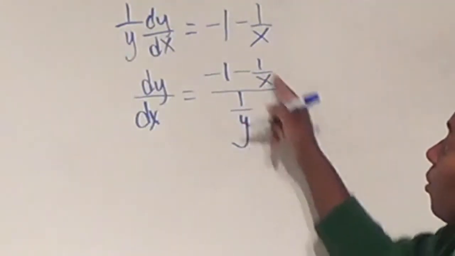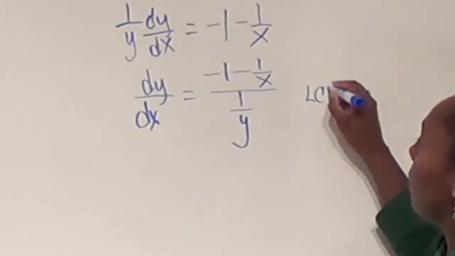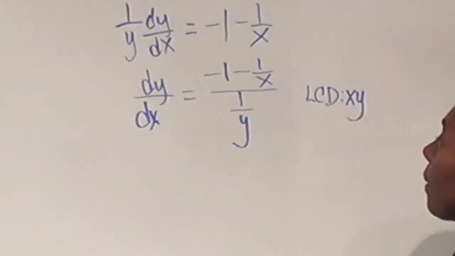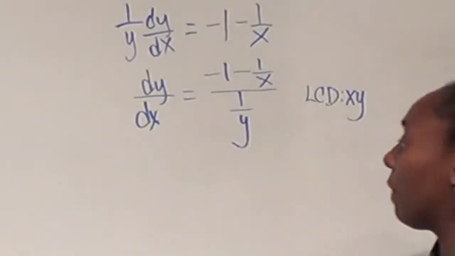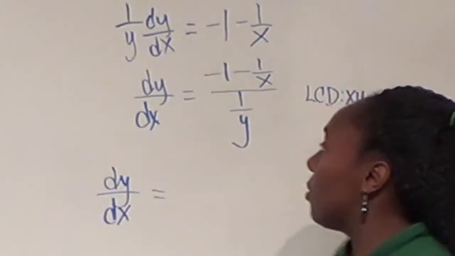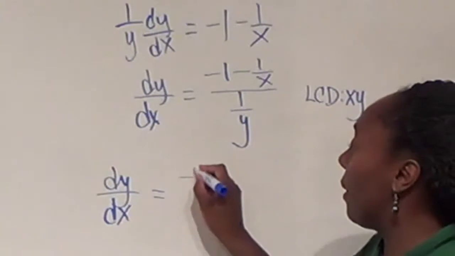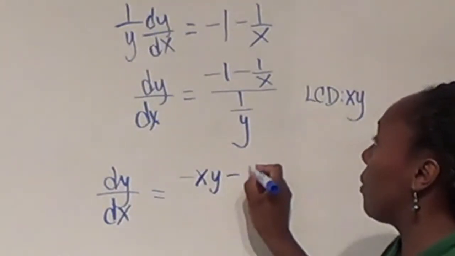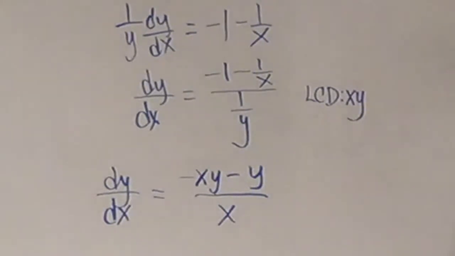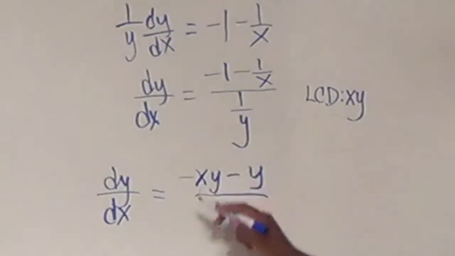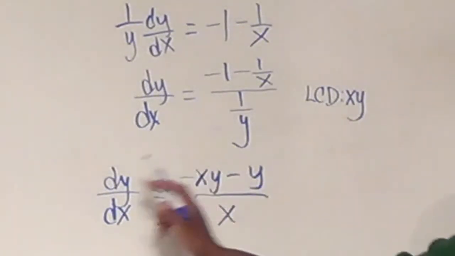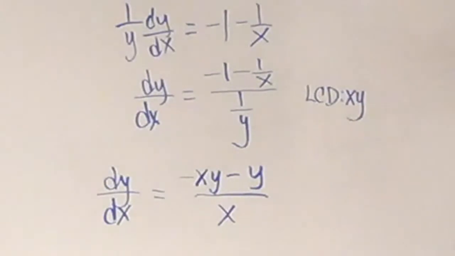Okay. The thing to notice here is if I look at all the terms, my LCD is basically xy, so I can multiply top and bottom by that. So dy dx will look like a negative xy minus y all over x. And there, even though I can factor a y out of the top, there's not a whole lot more I can do with that. So there is my solution.